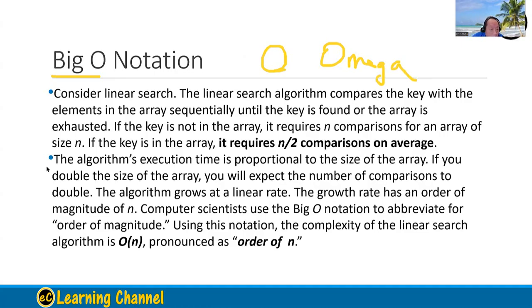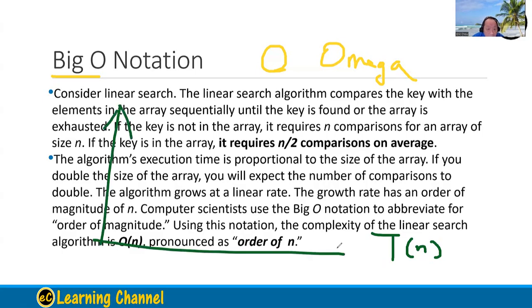When you analyze your performance by the time complexity, we write T of n. T of n may be a function of n, okay? And it may be like this, and then there may be a function that is a lower bound, and a function that is an upper bound.